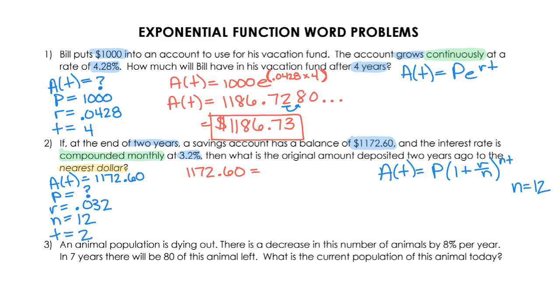So we'll end up with 1,172.60 equal to, I'm going to keep that as P, in parentheses 1 plus 0.032 divided by 12, and then raised to the 12 times 2. I usually like to write a multiplication X instead of a point, so it doesn't look like 12.2. We can't really type all of that in, but we can type most of it in.